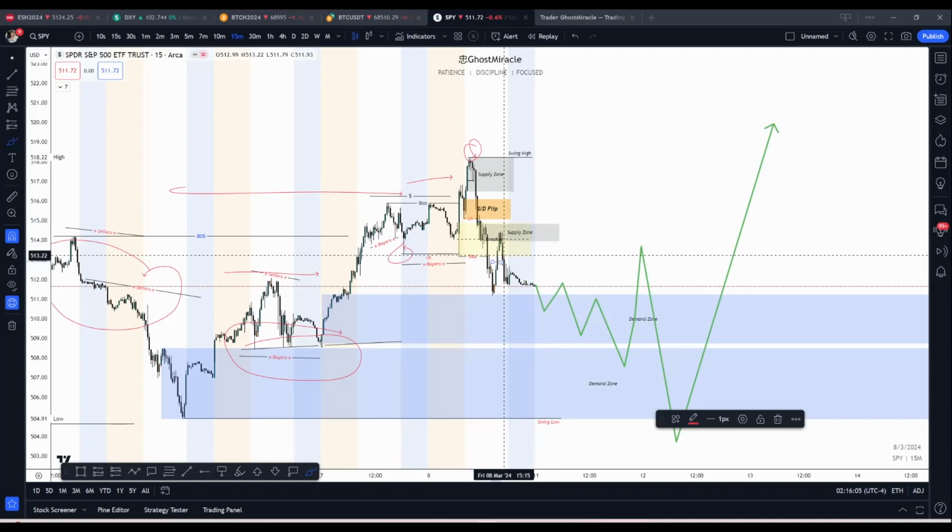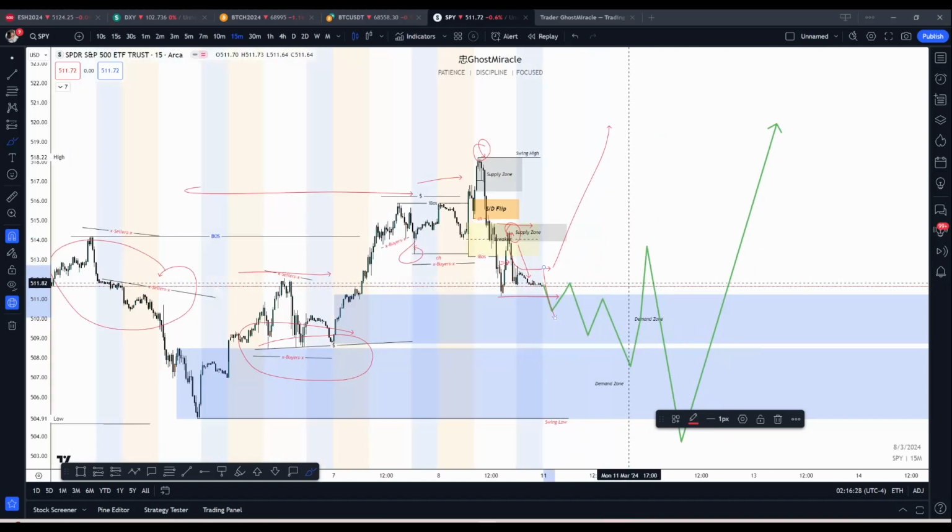Yeah, Choch is good, but only so good, right? Choch plus internal break plus the retest takes price back to the upside. But only a Choch and a retest into a supply and then coming back down, this low failed to do its job, right? So it's a weak low.